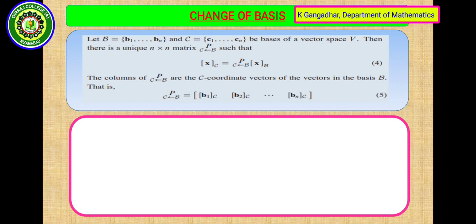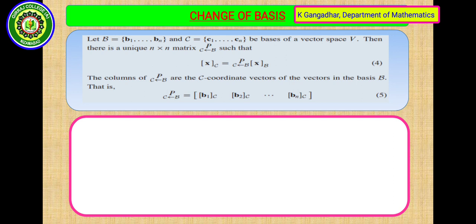Then there is a unique n by n matrix P from B to C such that [x]_C equal to P_{C<-B} [x]_B. So P from B to C is called the change of coordinate matrix from the basis B to C.